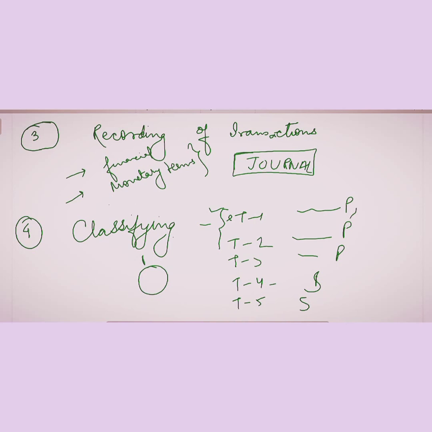So these three are of the same nature, so they will be classified in one batch, that is purchase, right? And the other is of sale, it will be recorded in the sales book, that is sales. Okay, so here we have to classify by the same nature, and this is known as ledger. These are the very key points we have to remember. Further, I will discuss all these key points.